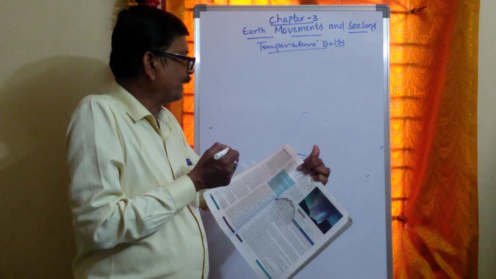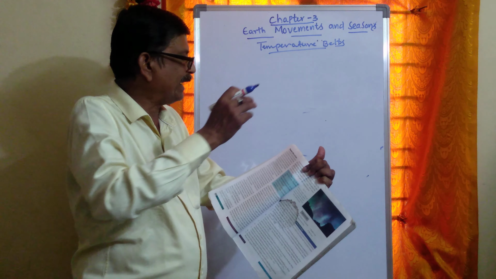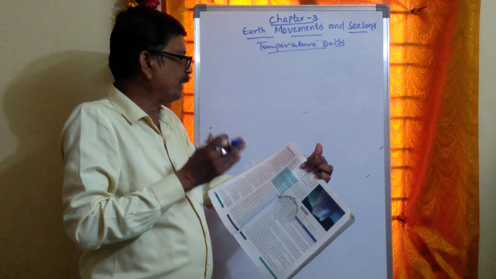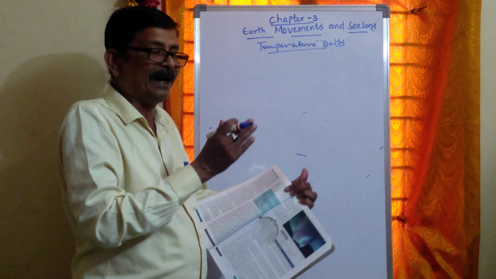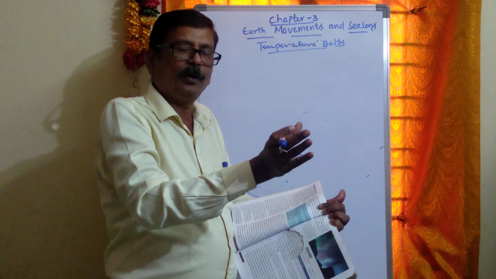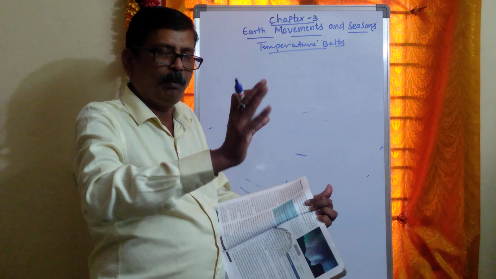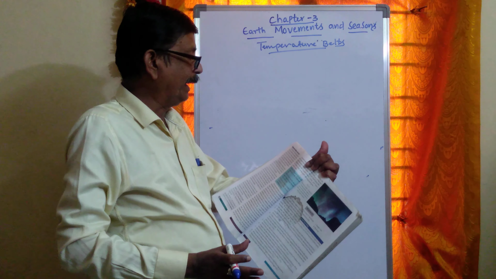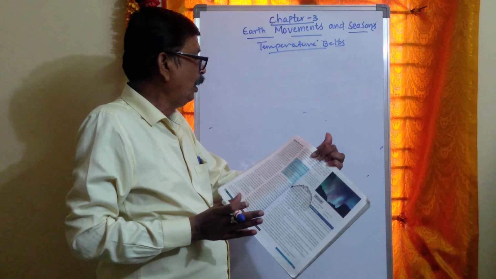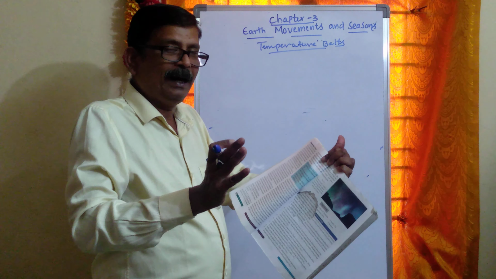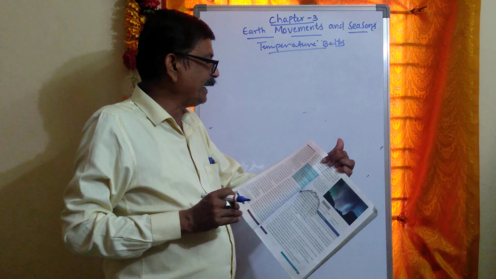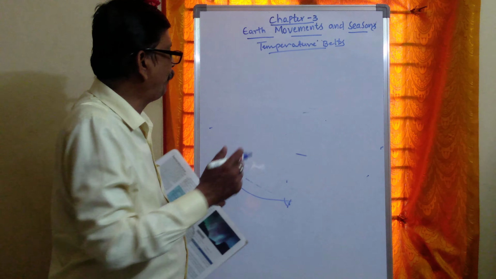We saw earlier that when the solar rays strike the earth's surface, they fall straight on the portion which faces the sun directly, and fall at an angle elsewhere. The portion getting straight sunlight has more heat, and the angled portion, being away from the sun, gets less heat. The angle keeps increasing as we move toward the poles.